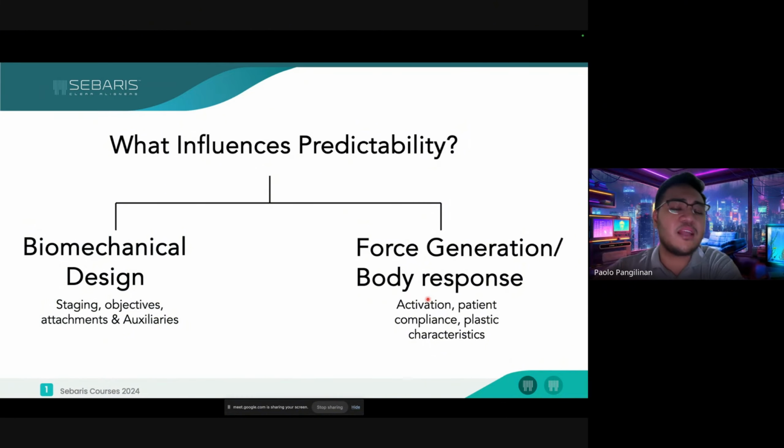So it's not always the plastic's fault, and it's not always the treatment simulation's fault. Sometimes it can be in this dimension. We have to understand how clear aligners work and how our patients respond to them.